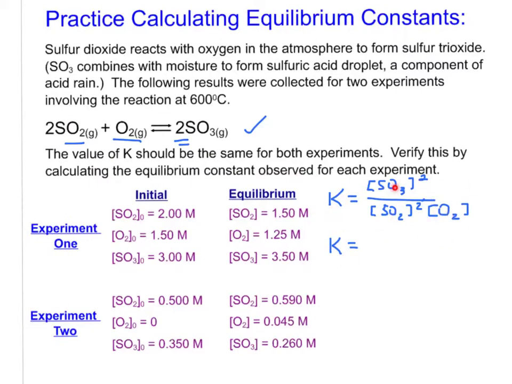These are values for the concentrations at equilibrium. So that's what we need to use, the equilibrium values.